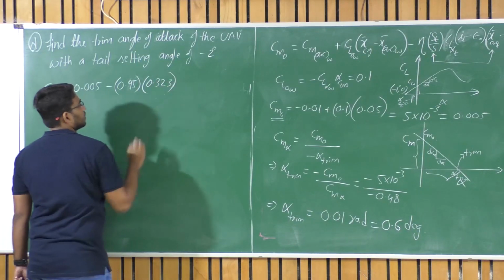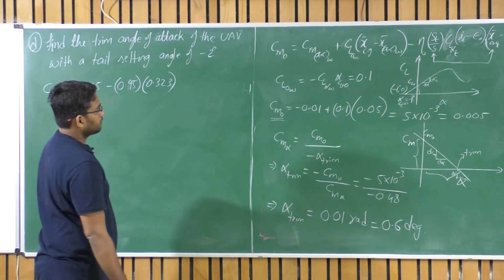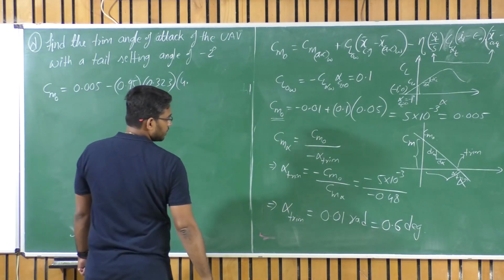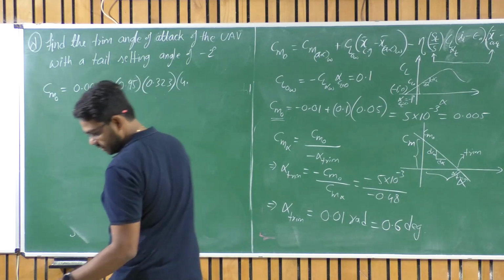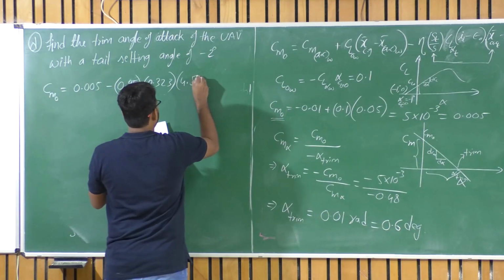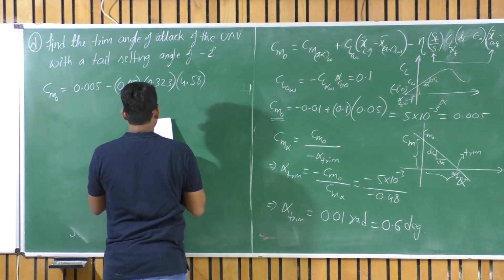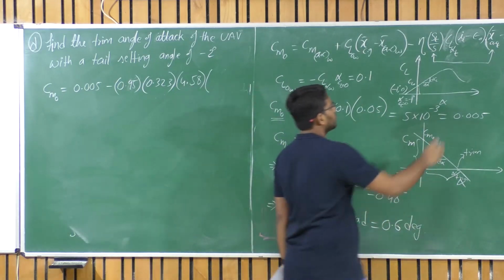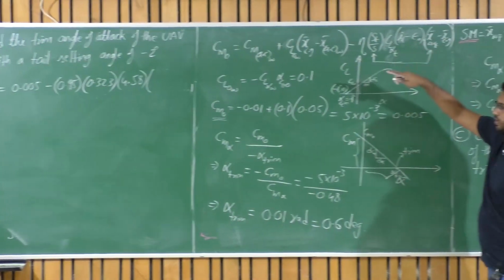0.323 multiplied by CL alpha of tail, which is 4.85. What is CL alpha of tail? I'll just refer to it again. It is 4.58. So multiplied by i_t here. Epsilon naught is 0 from the given data.